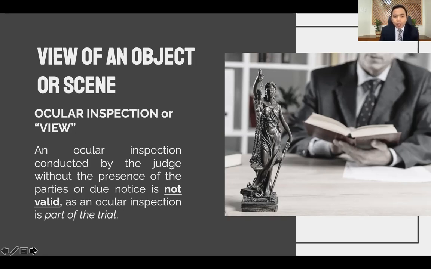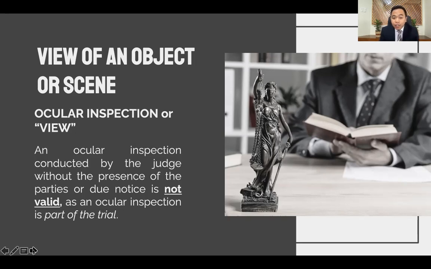An ocular inspection conducted by the judge without the presence of the parties or without due notice is not valid. An ocular inspection is part of the trial. So, class, the judge may not by himself go to the scene of the crime or the crime scene or to the object which is presented as evidence.